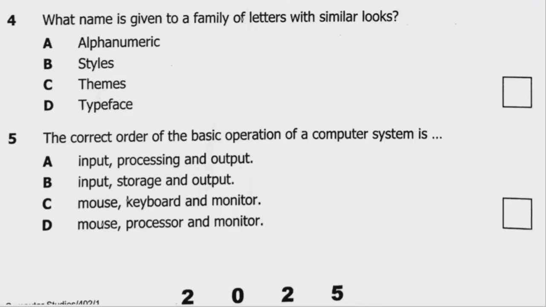Okay, now let me talk about A, alphanumerical. Alphanumerical refers to a combination of letters, which is A up to Z, and numbers 0 to 9. So that is the combination of letters and numbers. When you look at B, which is style, style is too vague, it's too big. Style can encompass a lot of things.